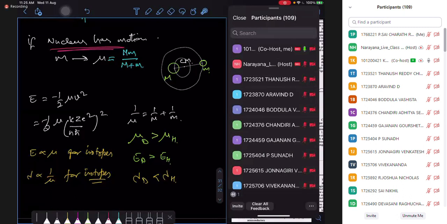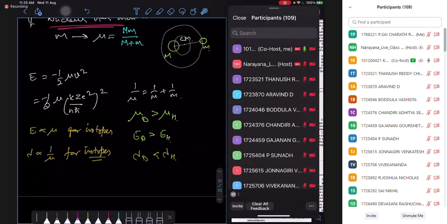Who has more reduced mass? Deuterium has more mass compared to hydrogen, so its reduced mass is also more. So deuterium has more reduced mass compared to hydrogen, which means it is going to have a smaller wavelength compared to hydrogen.